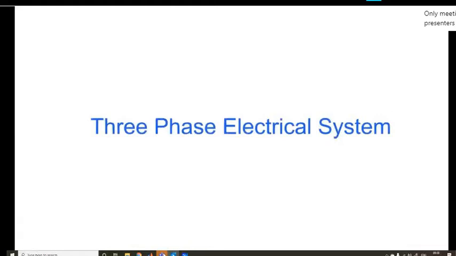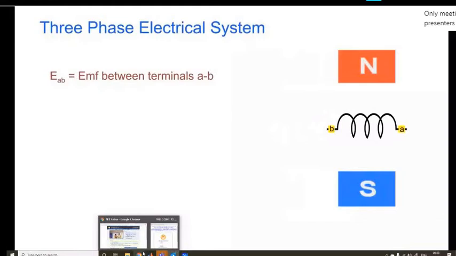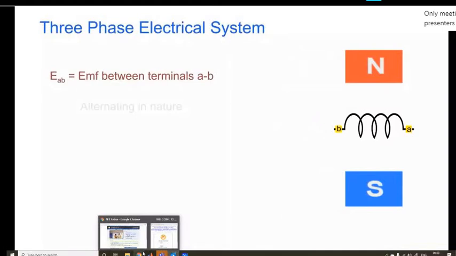An EMF, meaning electromotive force, is induced in a coil when it rotates in a magnetic field. This EMF is alternating in nature. What does alternating mean? You can see here a coil is rotating in a static magnetic field. An EMF appeared at the ends of the coil. Let's take a more detailed view.